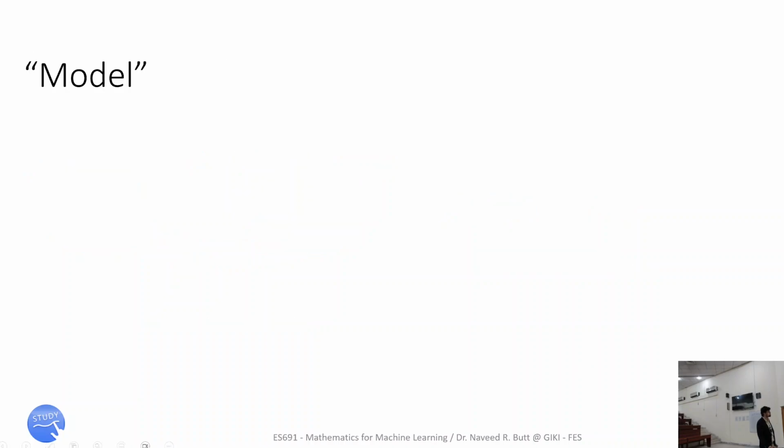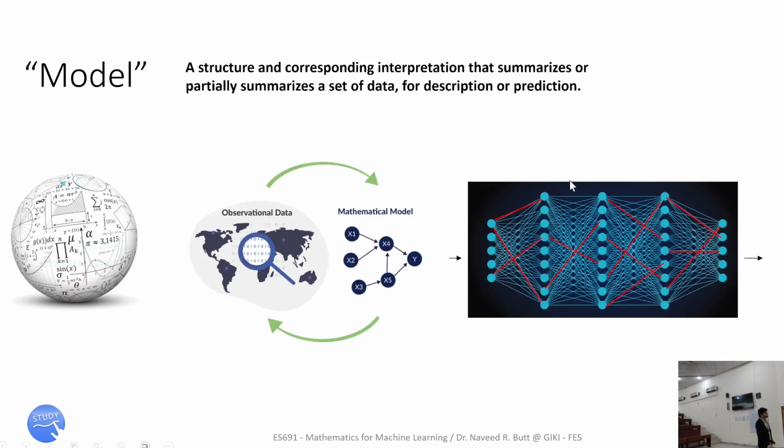Right. What is a model in mathematical sense? In mathematics, modeling is a mathematical representation, a structure and corresponding interpretation that summarizes or partially summarizes a set of data for description and prediction. Nicely summarized.